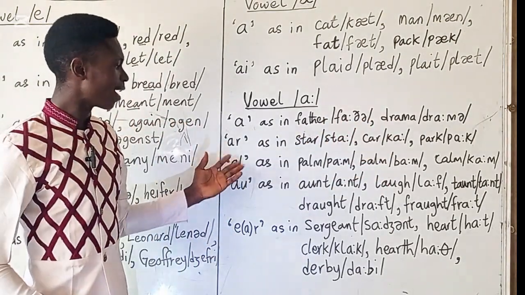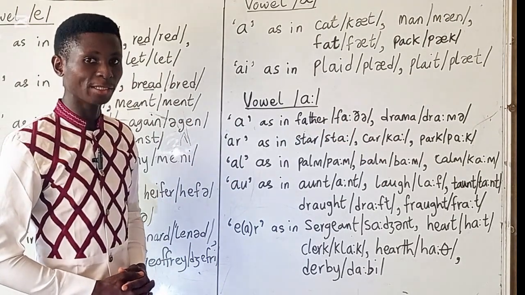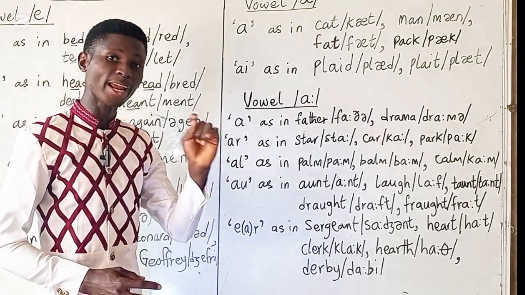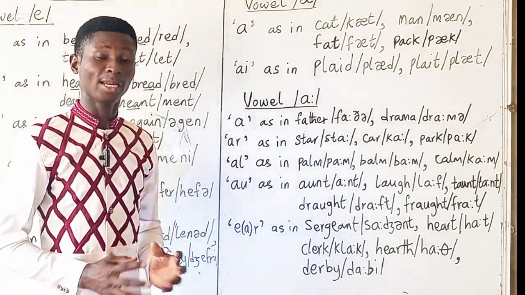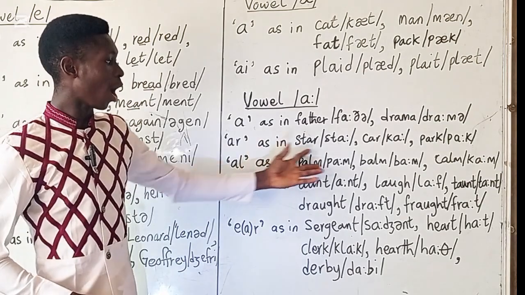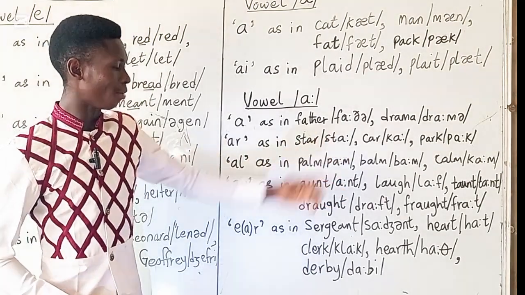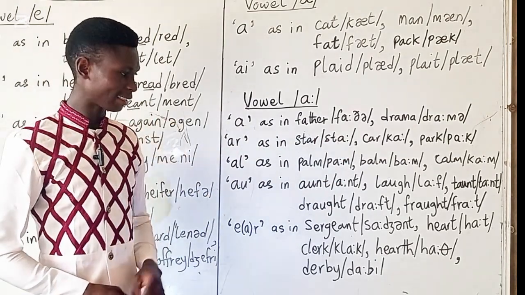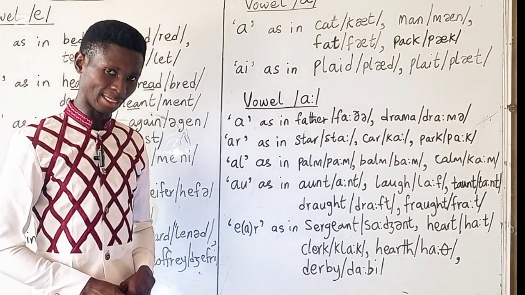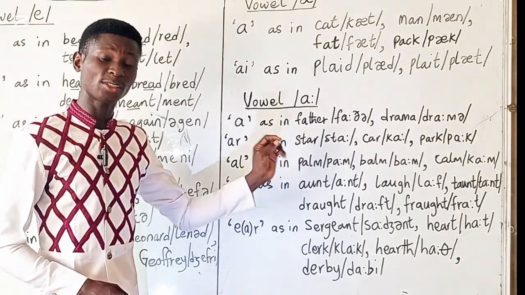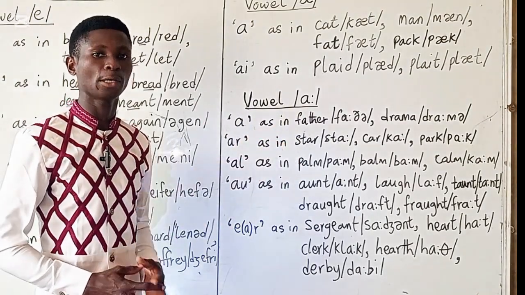Then we also have AL as the spelling of the R sound. Once you have AL, you're likely to have the long R, as in palm, balm, calm. In these words, you've seen a consonant letter before the last letter, which is letter L. But letter L is not realized in these words.